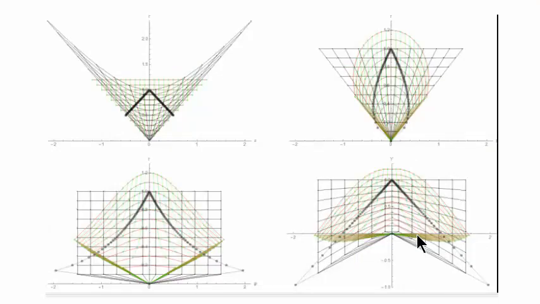Okay, re-looking at this map, I need to make a change to it because these lines are not supposed to become bent as you go down. There's a couple of different ways you can make this light cone straight.